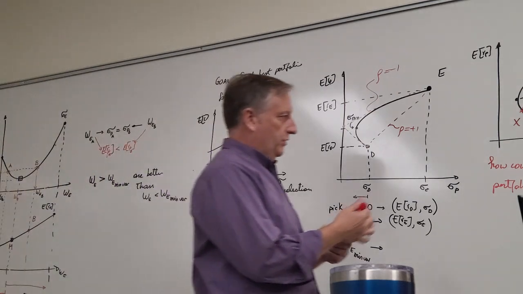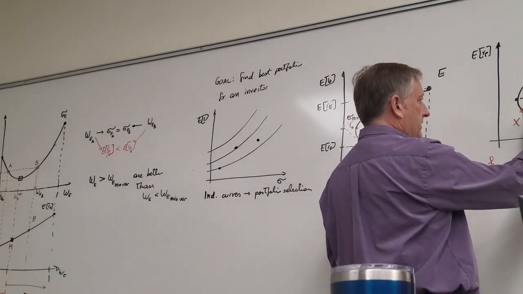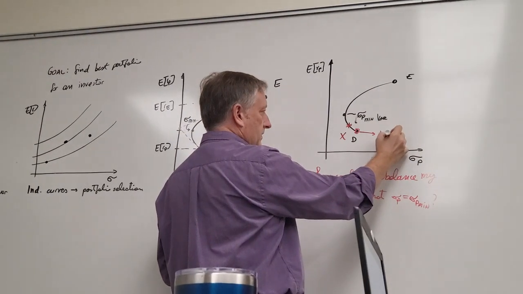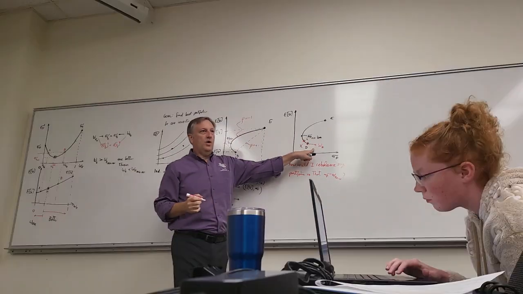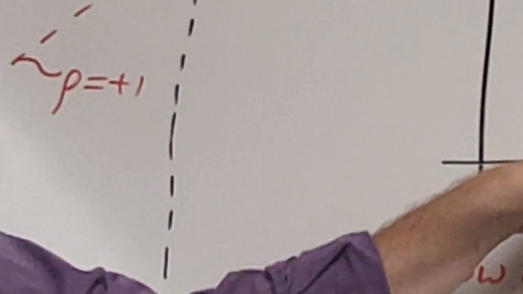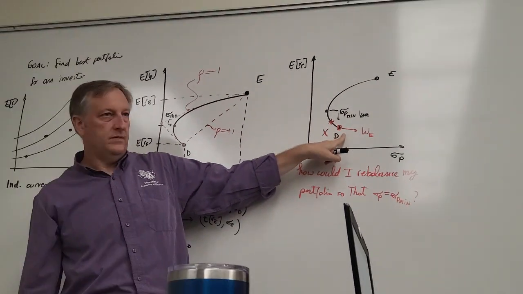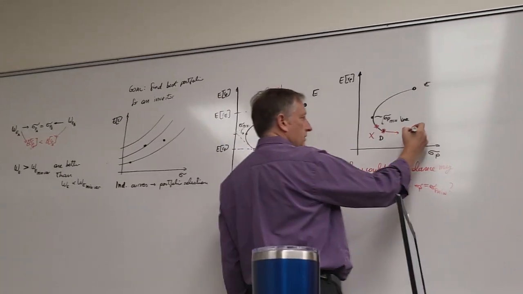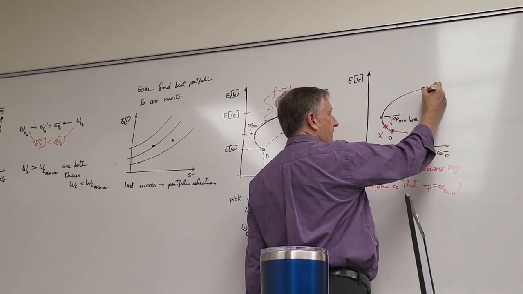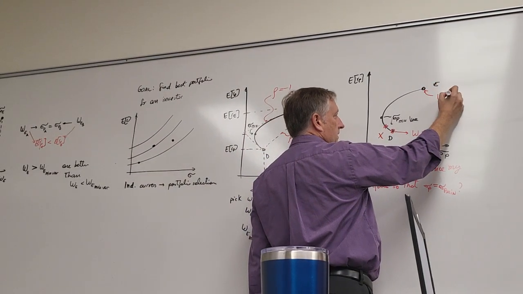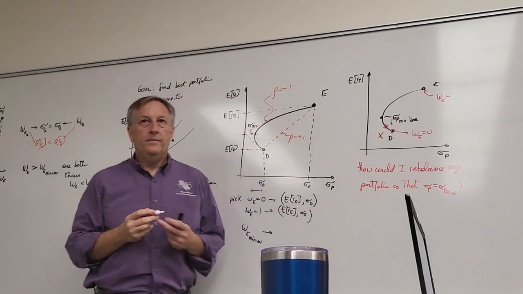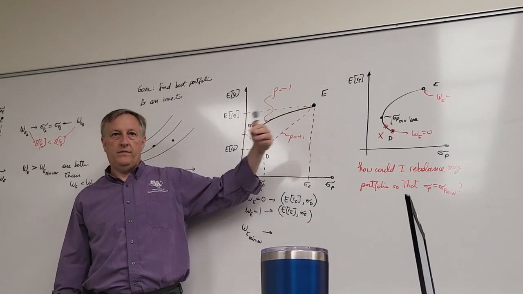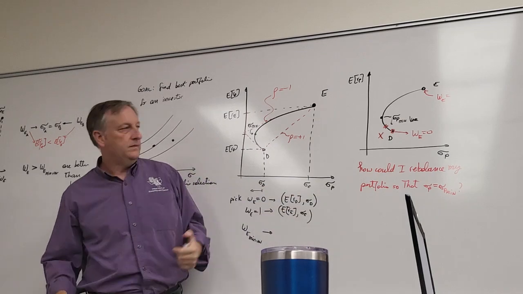So let's see. How do you achieve this portfolio right here? What is the weight that allows you to achieve that? How much am I investing in equity here? 0. I'm only investing in D, right? So the weight of equity is 0. What about here? 1. In order for me to have a portfolio that is identical to E, I'm investing only in equity and nothing in debt.